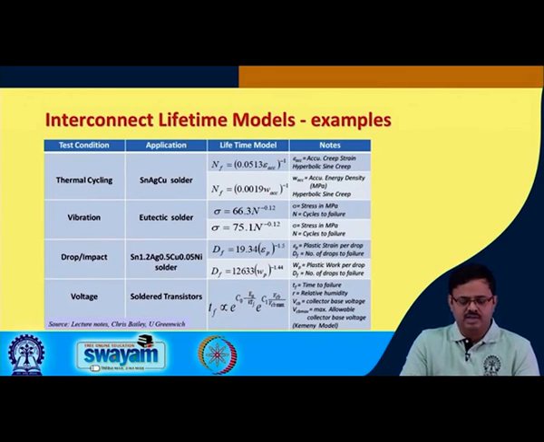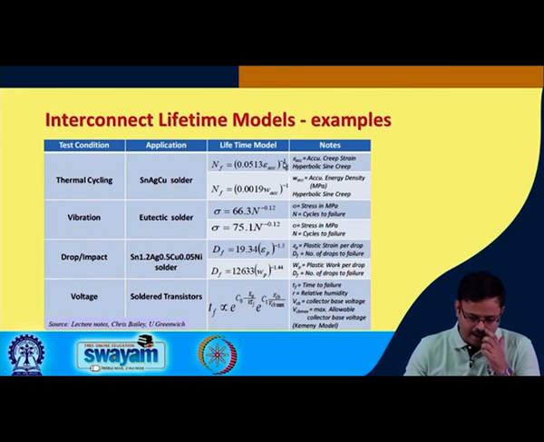All right. So, these are some examples of interconnect lifetime models under different conditions. Thermal cycling we already talked about. You can see these are variations of the Coffin-Manson model, except that C2 is minus 1 over here. Under vibration, it is more about high cycle fatigue, and there it is the stress that is important. So, the number of cycles to failure N is related to the stress in megapascals.